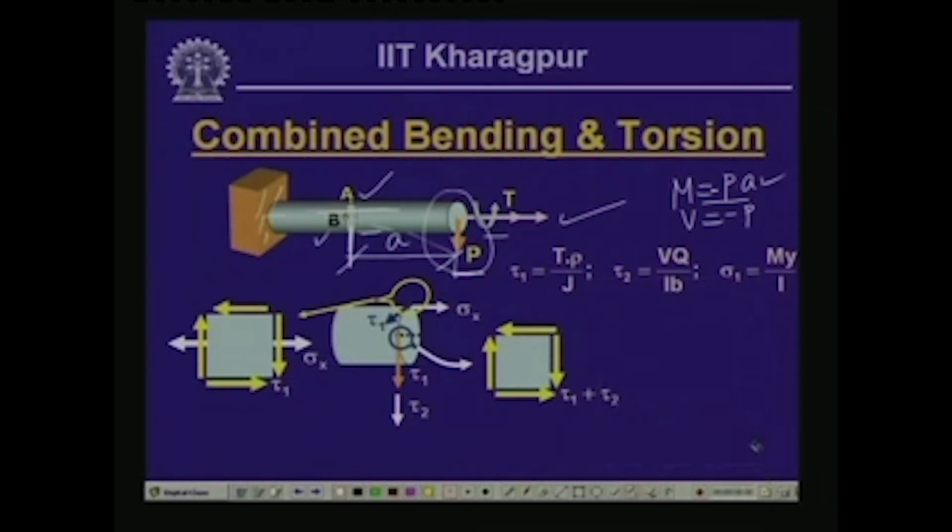Now, the question is, when this moment and the shear force are acting at this particular cross section, what kinds of stresses are we going to get at point A and point B? As you know, at point A, because of the twisting moment, there will be shearing stress tau 1, which is equal to T into rho by J, where T is the twisting moment, rho is the radius of the outer point, and J is the polar moment of inertia of the cross section.